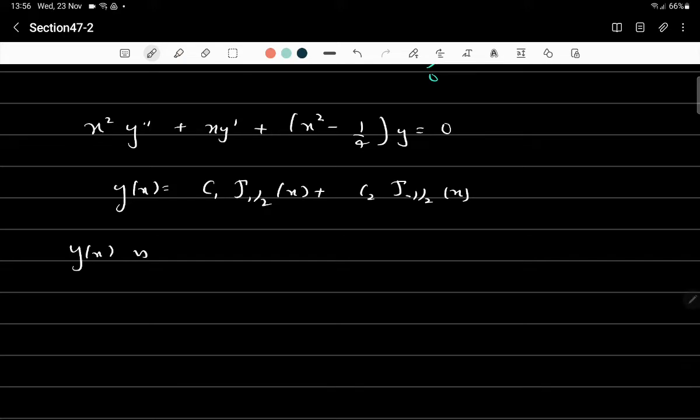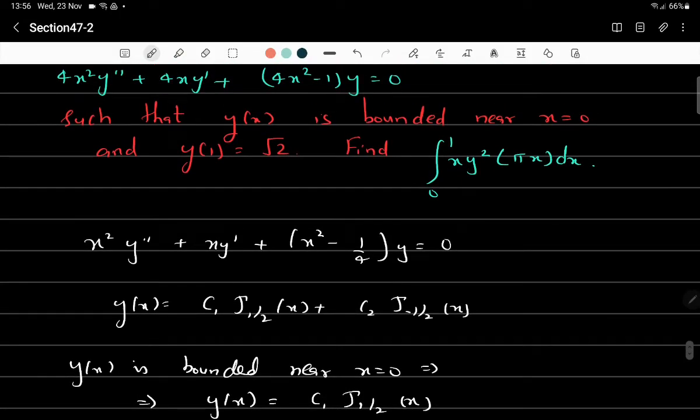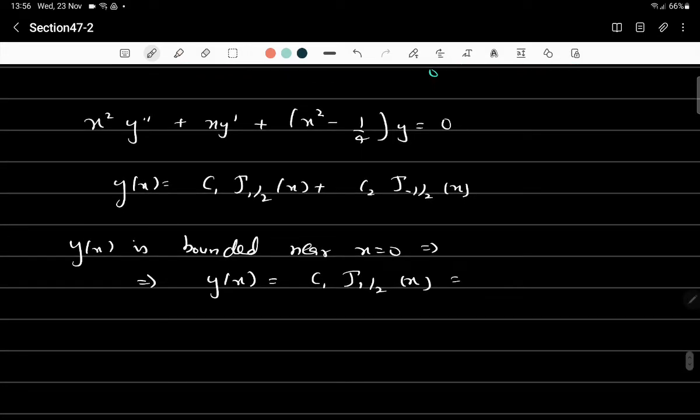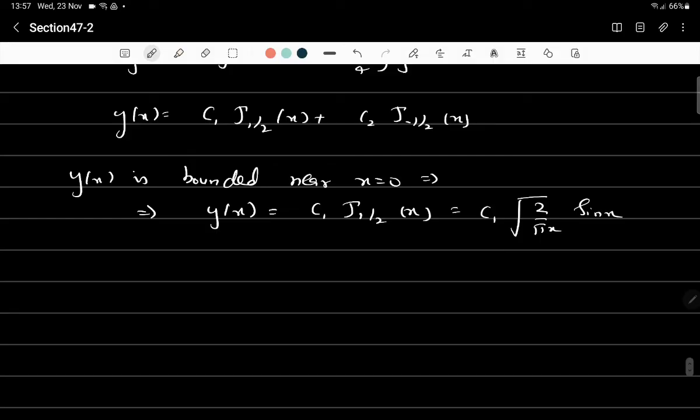So y of x is bounded near x equal to 0. This implies J minus half x is 0, or you can simply say that the bounded solution is y of x equal to c1 J half x. Now the next information is y of 1 is equal to root 2, and I know that we have computed in the last class that J half x is root 2 by pi x into sine x.